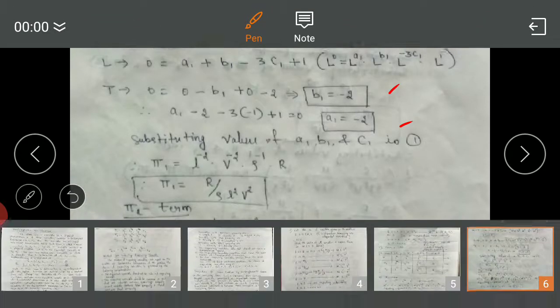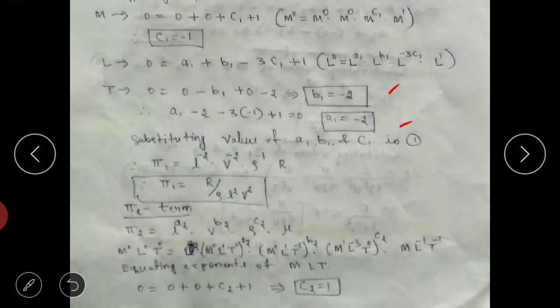This is the same as what we did in Rayleigh's method. Then substitute back the values of a1, b1, c1 in equation number 1. On simplifying, we get pi 1 is equal to r divided by rho l square v square.